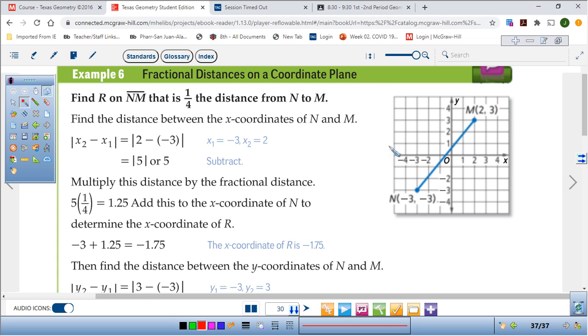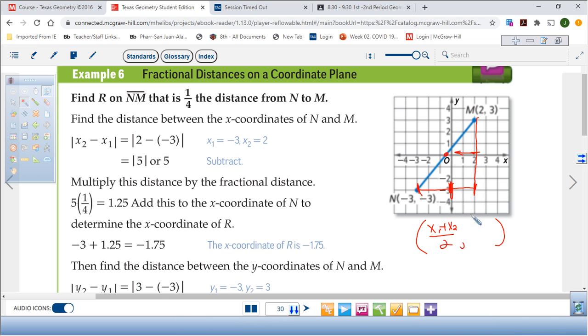If we wanted to find the midpoint, the book showed it like this: go from here to here with the x values, x1 plus x2 over 2, half the distance, boom, that's the midpoint. Now get the y's, and the midpoint there is y1 plus y2 over 2.